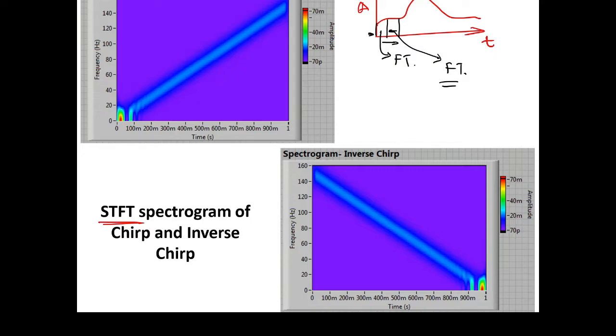Okay, if you look at the spectrogram of sharp and inverse sharp, in the sharp, as time increases, the frequency component also increases. In the inverse, it is decreasing.